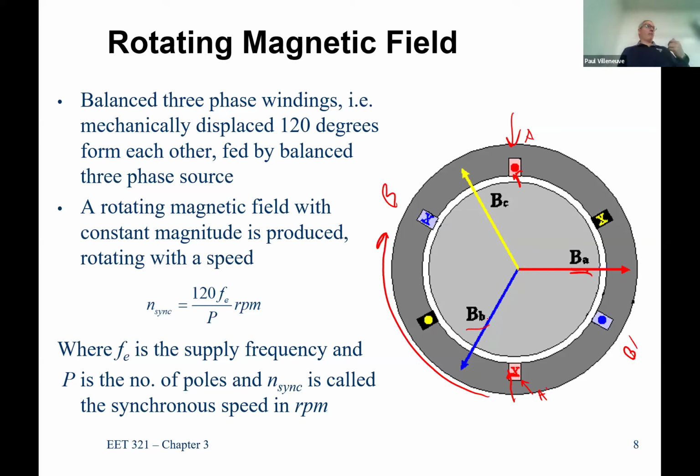B sub B means it's just the magnetic field B corresponding to phase B current. And lastly, C and C prime. Again, I'm going another 120 degrees, but I take my right hand, I point in the direction of the positive current flow, it wraps around, and my thumb points in the direction of the corresponding magnetic field.